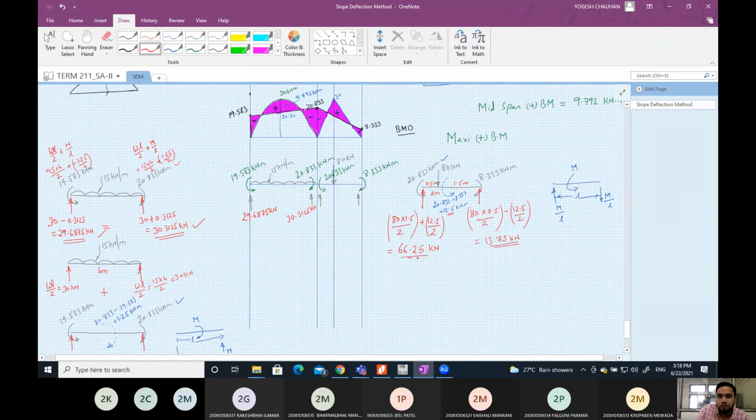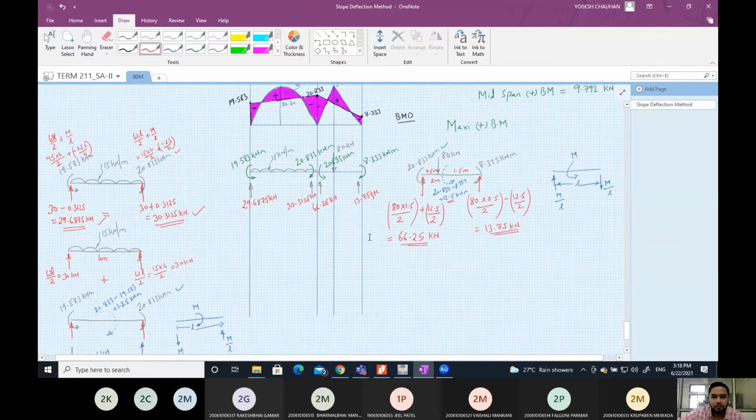So these are your support reactions. So here it is 66.25 kilonewton, and here it is 13.75 kilonewton. So now you can draw the shear force diagram.